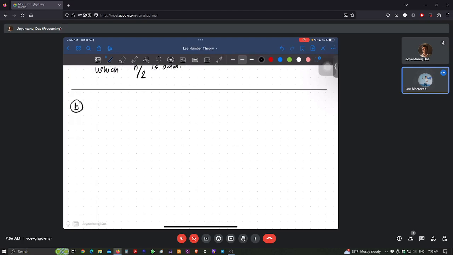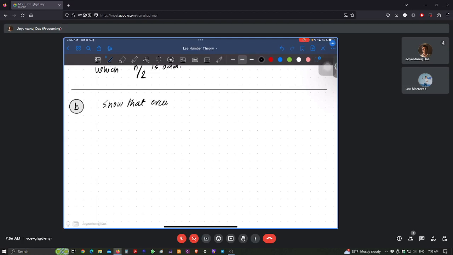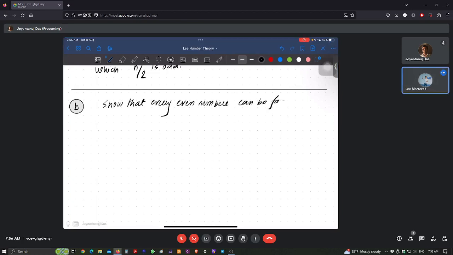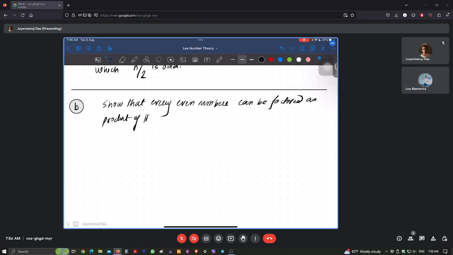So the second part is part B. They are saying to show that every even number can be factored as a product of E primes.